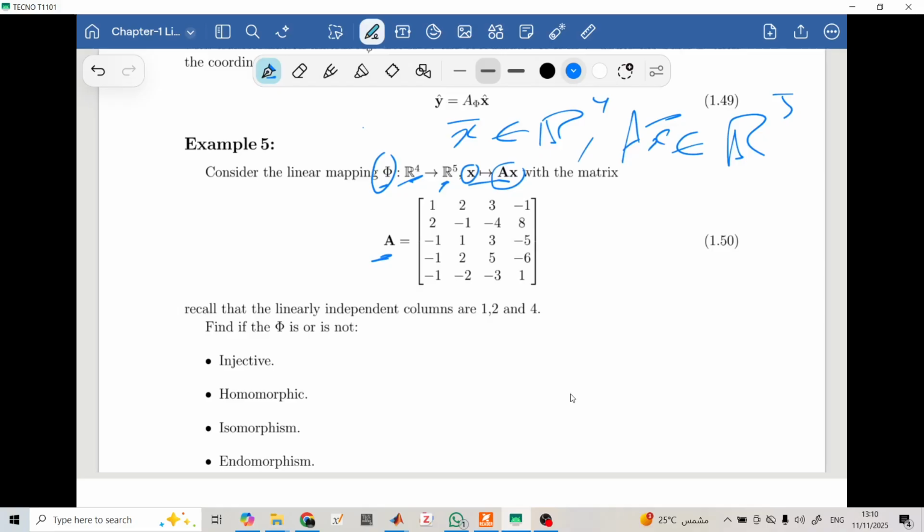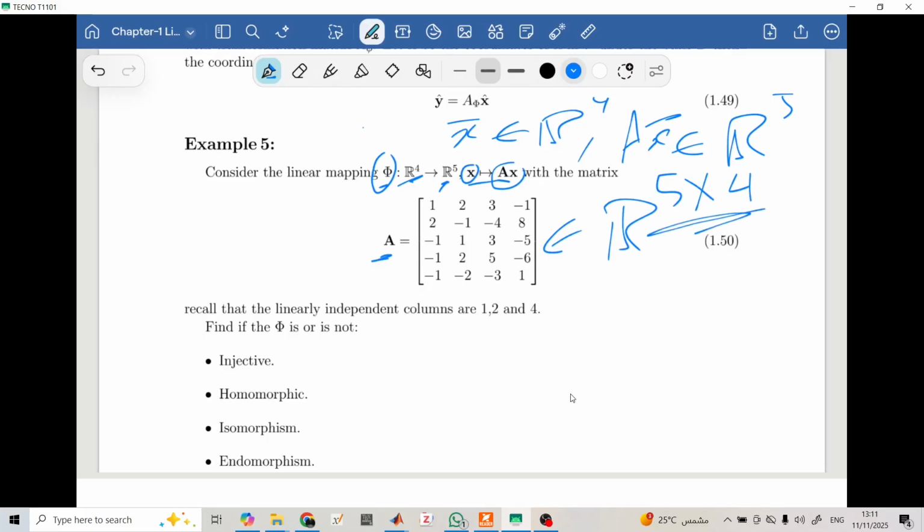So A must have 4 columns. The output would live in R5, meaning it will give you a vector in R5, meaning it has 5 elements, hence 5 rows. So this is the dimension of A. This is very important to know.